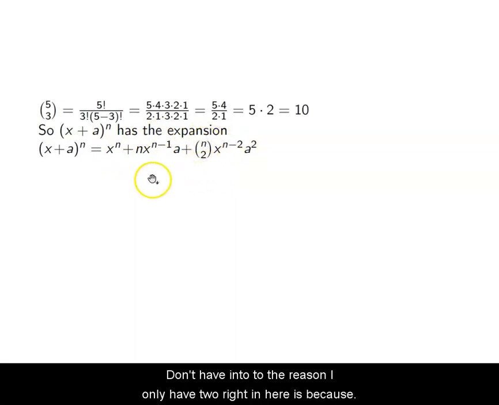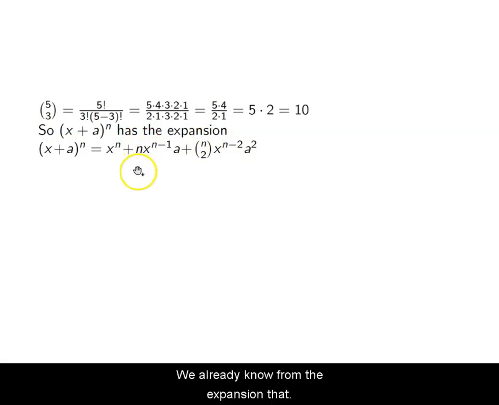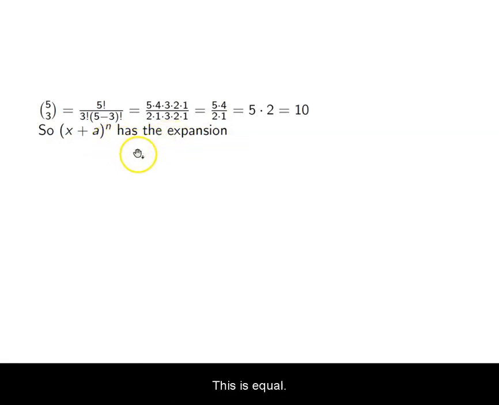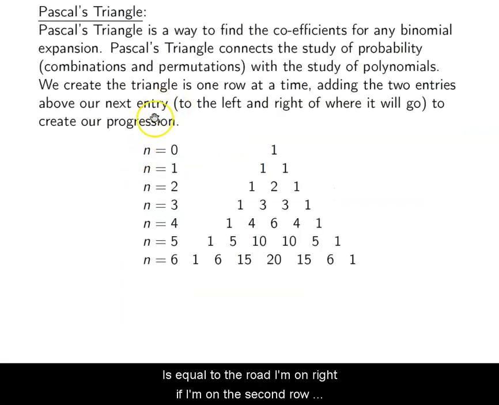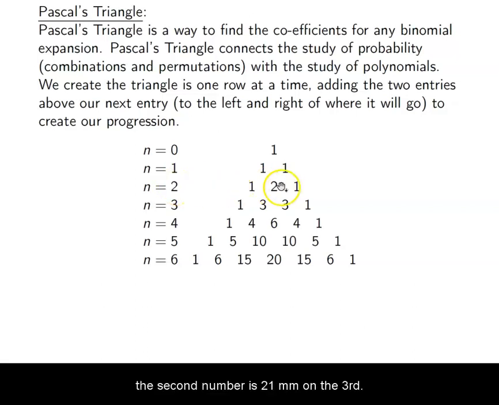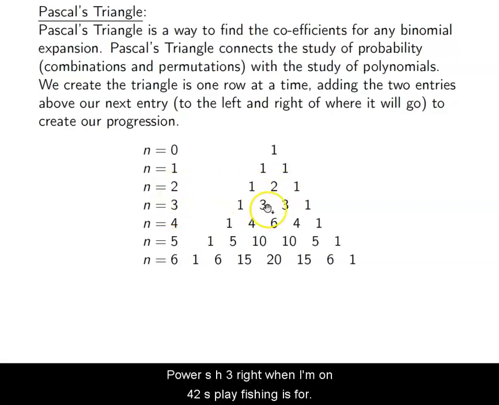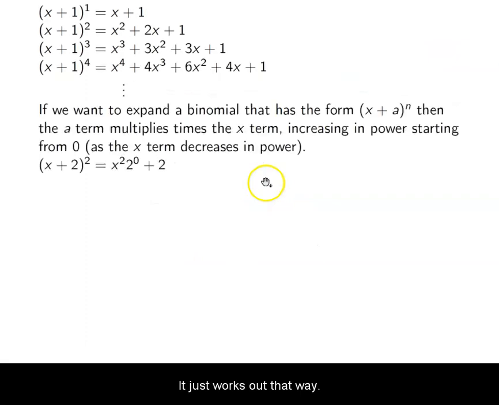Then we'll have n choose 2. The reason I only have to write n here is because we already know from the expansion that this is equal to the row that I'm on, right? If I'm on the second row, the second number is 2. When I'm on the third power, the second number is 3, right? When I'm on 4, the second coefficient is 4. It just works out that way, okay?